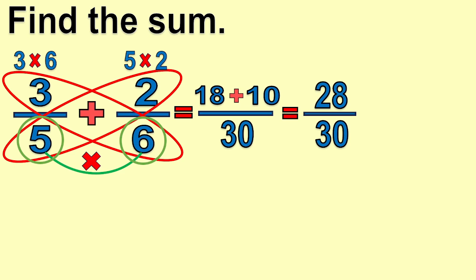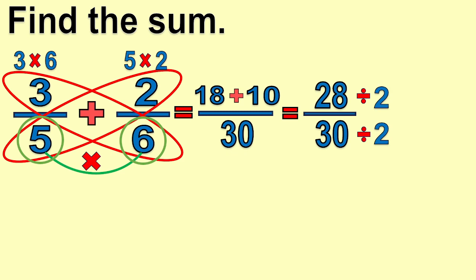Let's convert or reduce 28/30ths into its lowest term. To reduce a fraction, divide both numerator and denominator by the greatest common factor. So, the greatest common factor of 28 and 30 is 2.